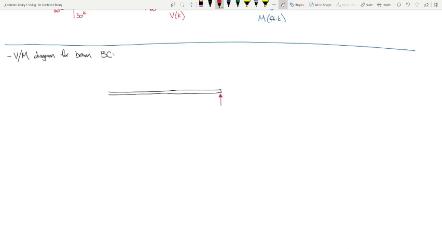This is 45 kips. We have that, which is 75 kips. We have this, which is 30. We have that, which is 600. That 600 goes here. You're right. Yeah, you are right. It does.